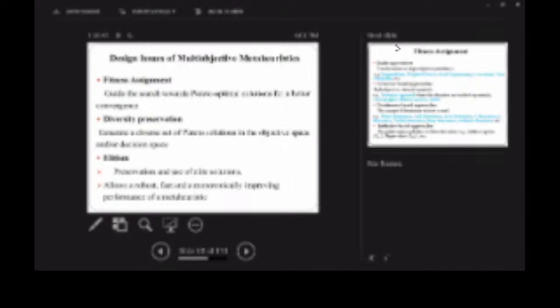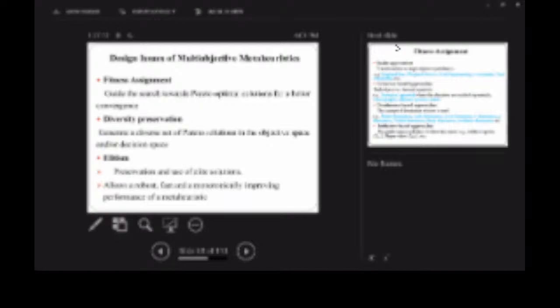First, the multi-objective specific components. For these, three things are very important. The first is fitness assignment, which is basically the part for convergence: guide the search towards the Pareto optimal solution for better convergence.